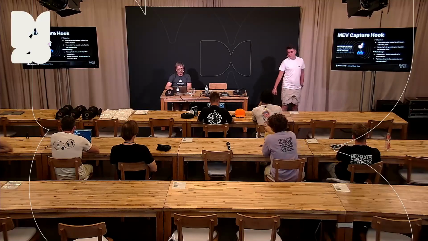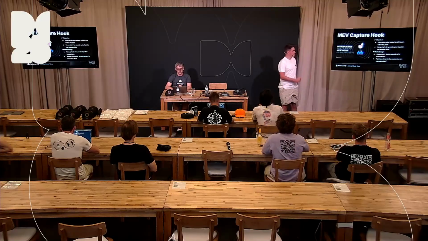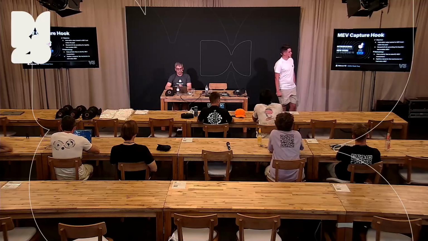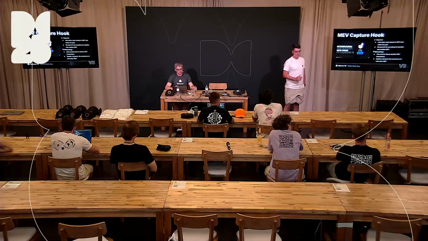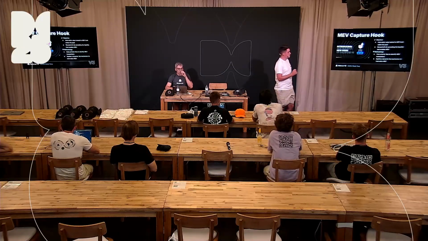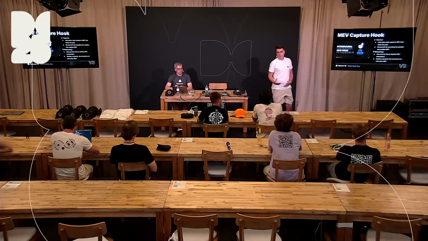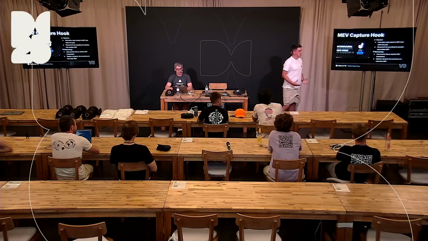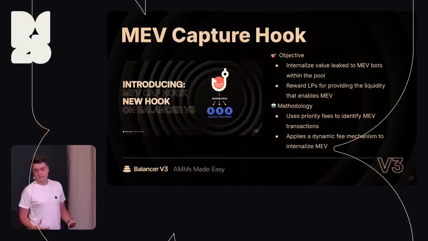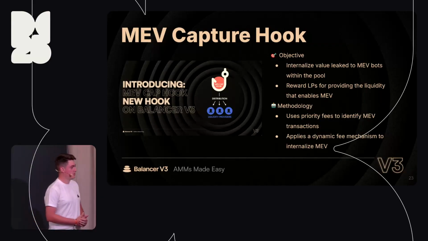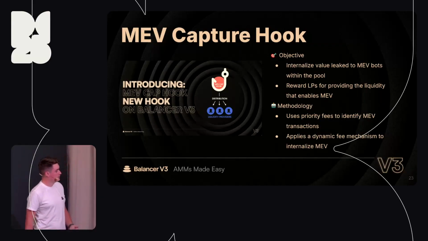We have a second hook to present today, which is the MEV capture hook. This one is quite simple, but powerful at the same time. The objective of this one is to internalize the value leaked from the pool to the liquidity providers, and then redistribute that value loss among the liquidity providers who have been providing liquidity for a long time in the pool.